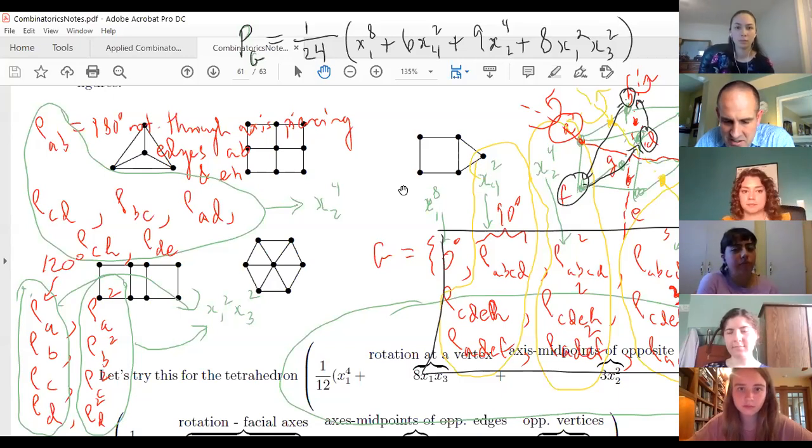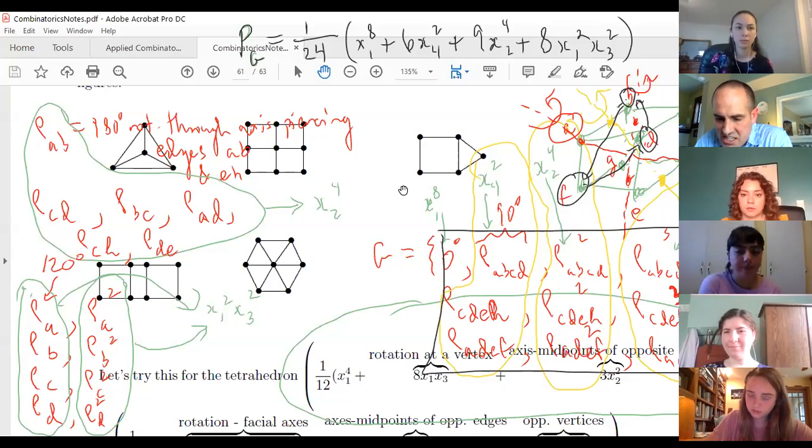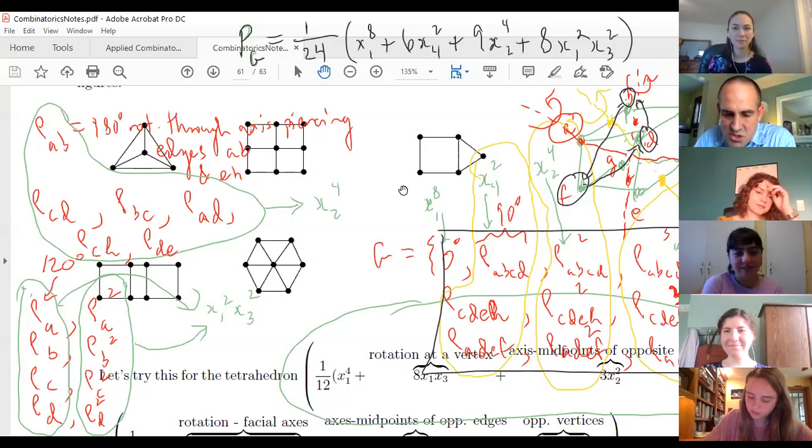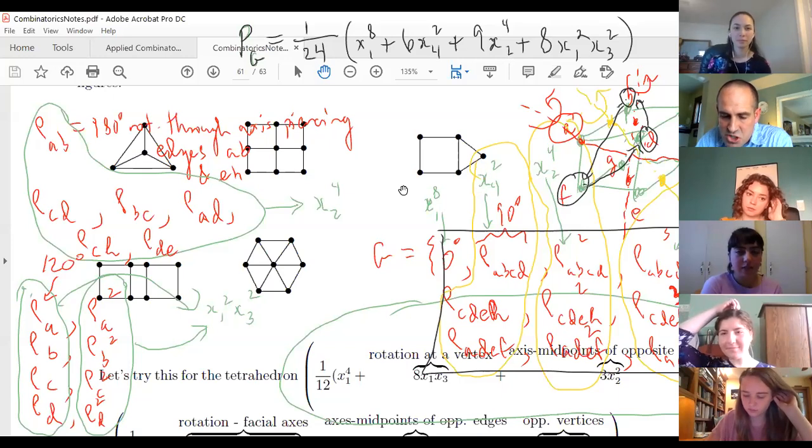Somebody could hand me any number of colors and I would immediately be able to tell the number of distinctive colorings of the cube. Now, I have no business counting something that complicated. You know what I'm saying? But what's going to happen in the next section is we're going to be able to say even more. We're going to be able to deliver a pattern inventory.